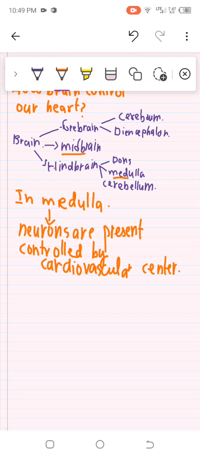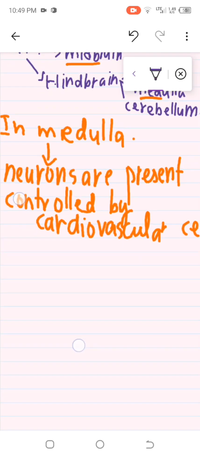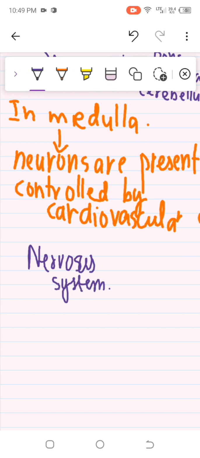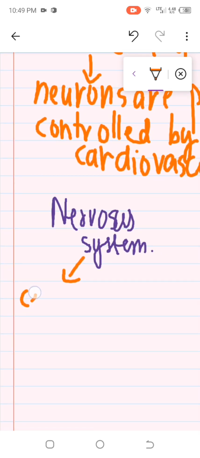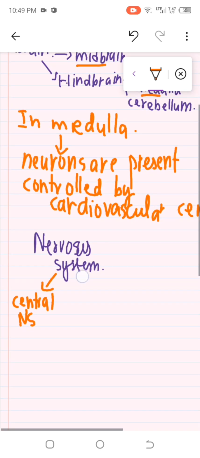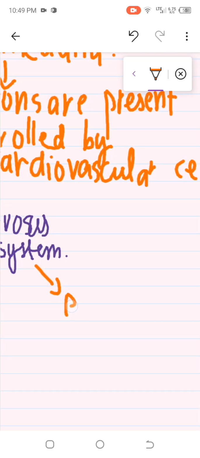So let's have a concept of the nervous system first. As we all know, the nervous system has two parts. One is the central nervous system and the second is the peripheral nervous system.